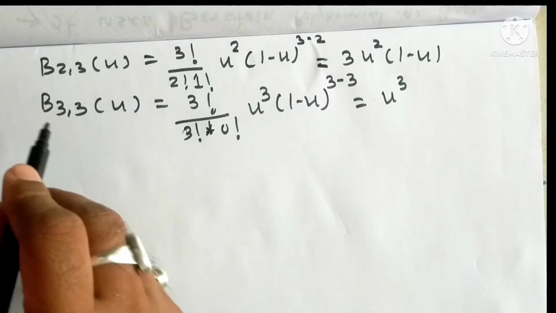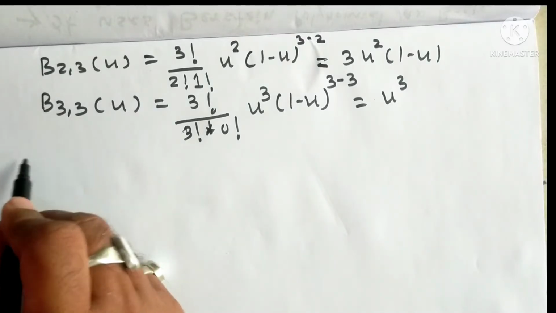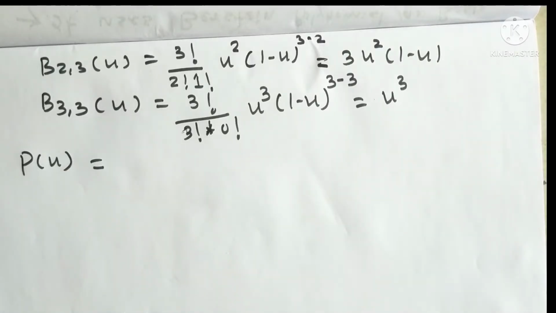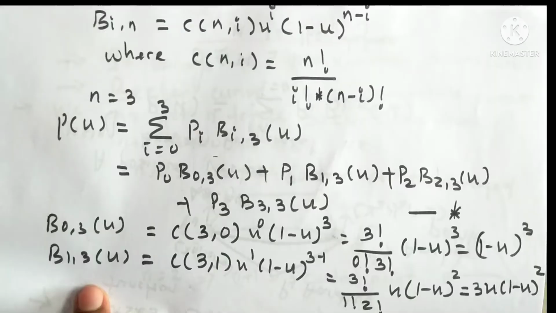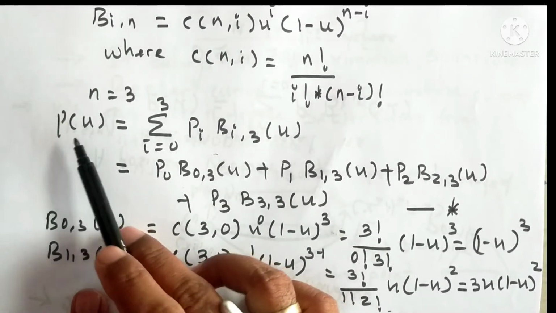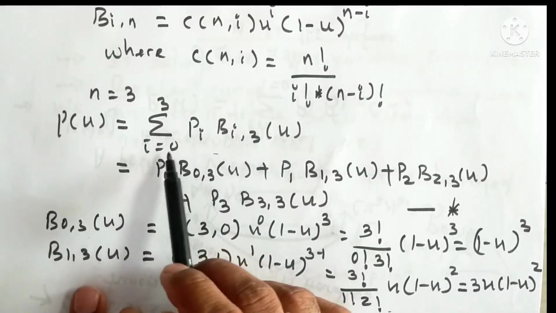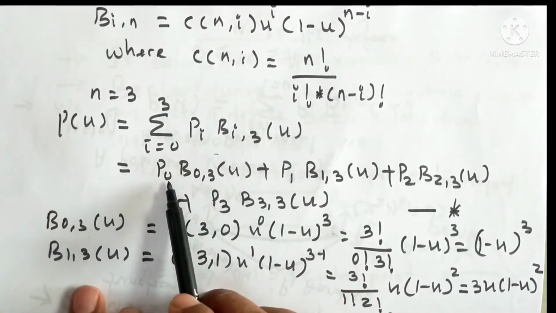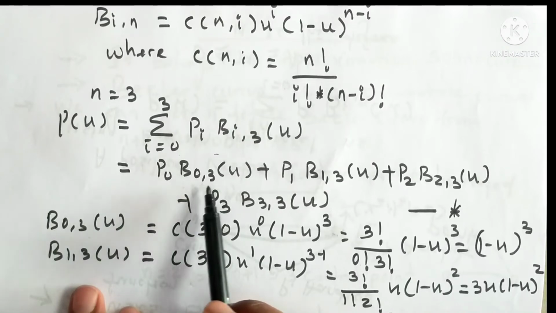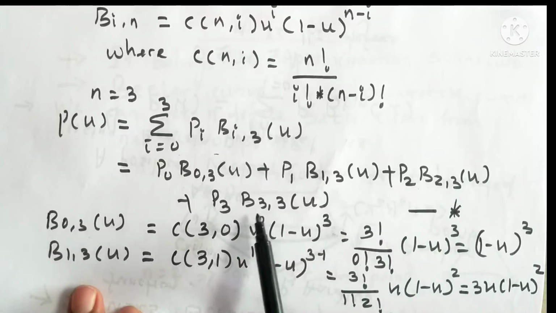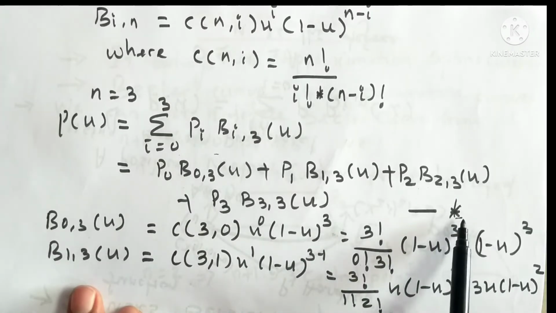Now we can easily represent the whole position vector P(u) as, right? So what is the equation of your P(u)? Now you can see here the position vector P is varying from 0 to 3, Pi Bi3(u). So P0, the first control point, the B03 value we have just calculated, put the value of B13, put the value of B23, put the value of B33 in the equation which is marked as star.